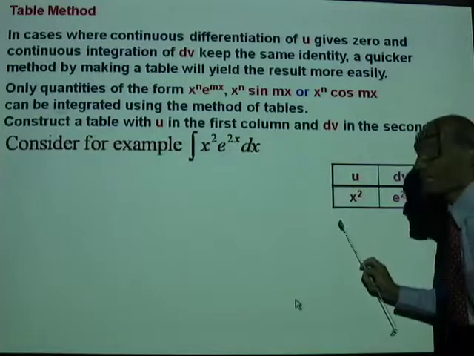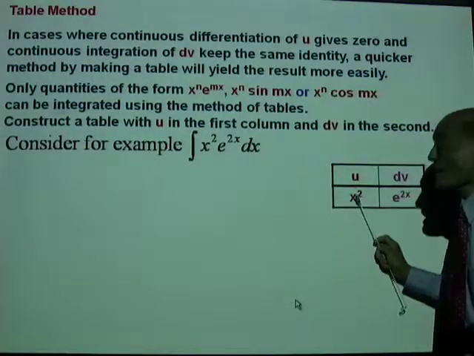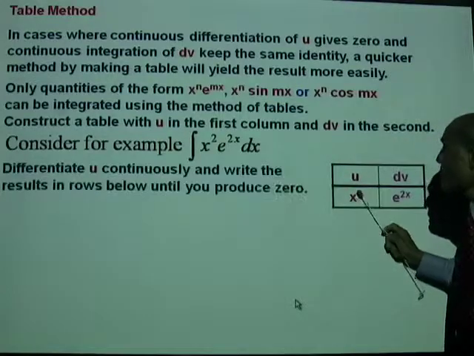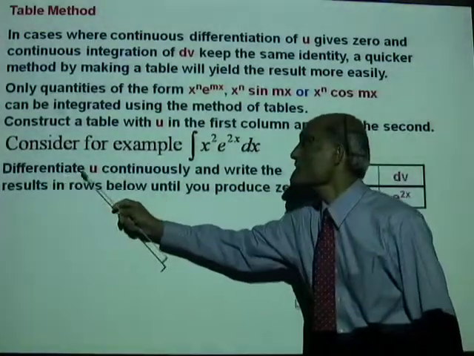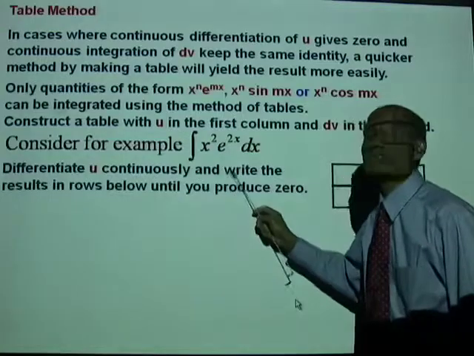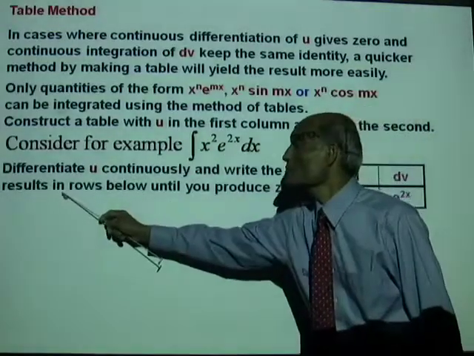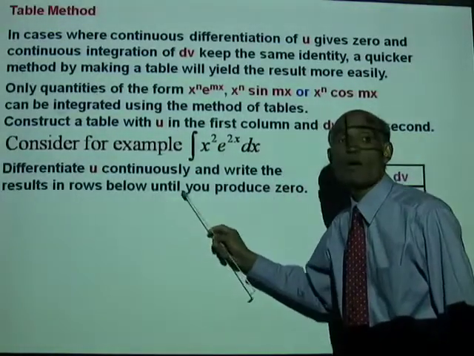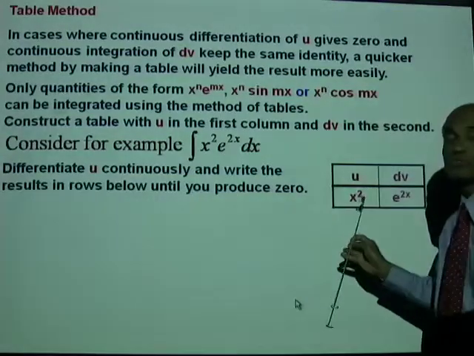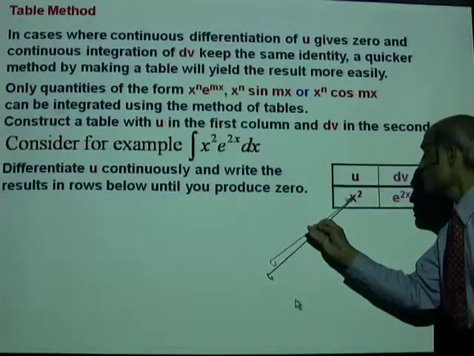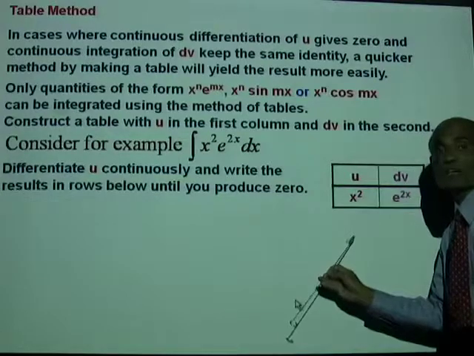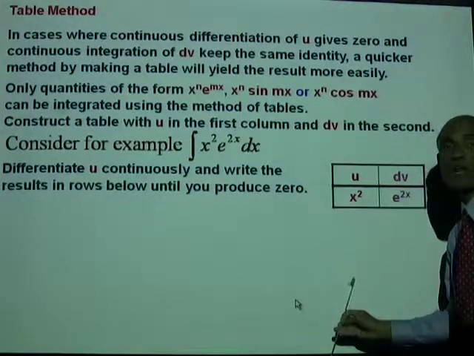And what is our next row? In our next row, we differentiate u continuously and write the results in rows below until you produce 0.